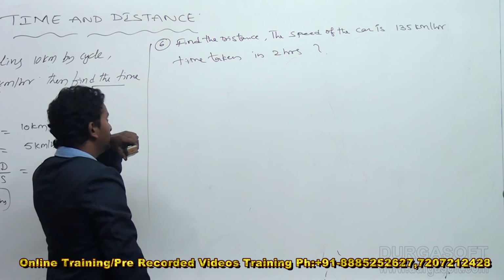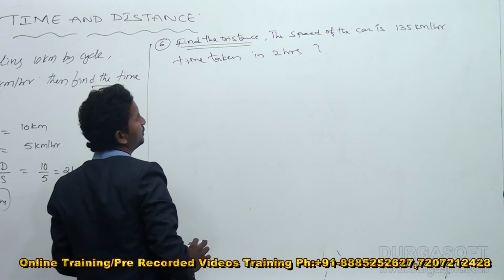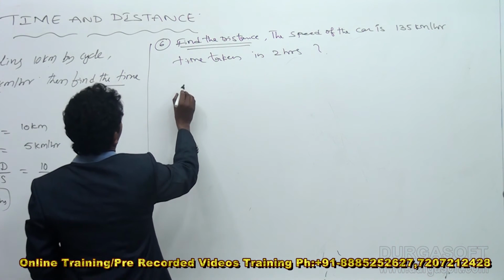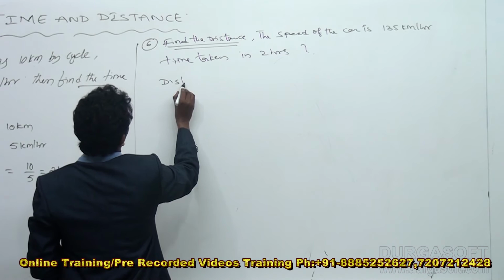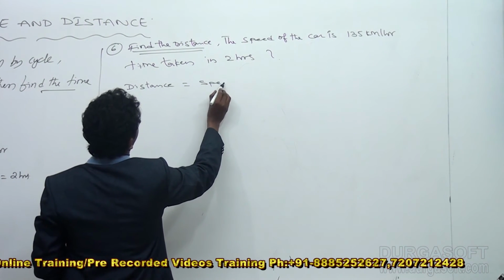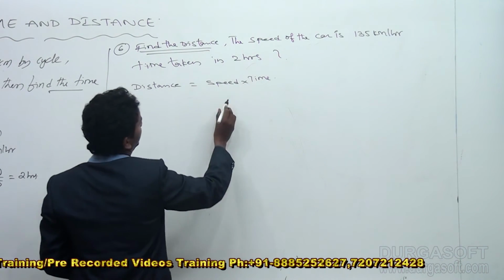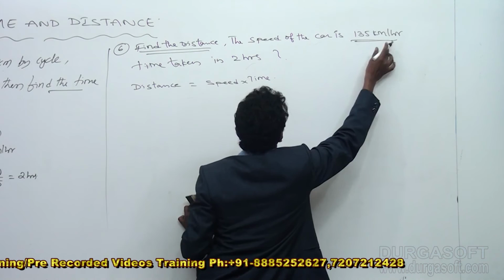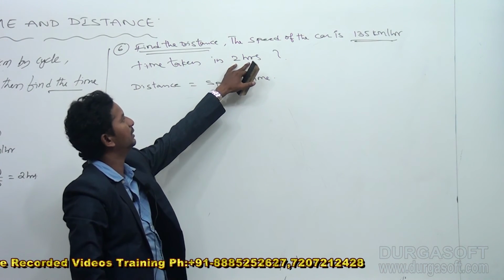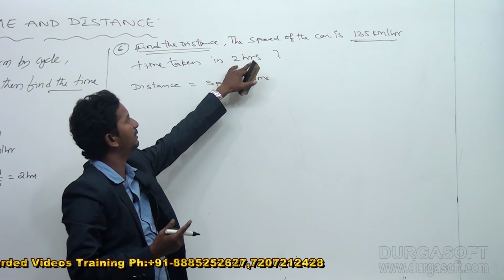Now the question is asking for distance. The speed of the car is given and time is given. So distance is equal to speed into time. The speed is 135 kilometer per hour. Now time also, the units are consistent here. No conversion is needed, kilometer per hour is given and hours is given.